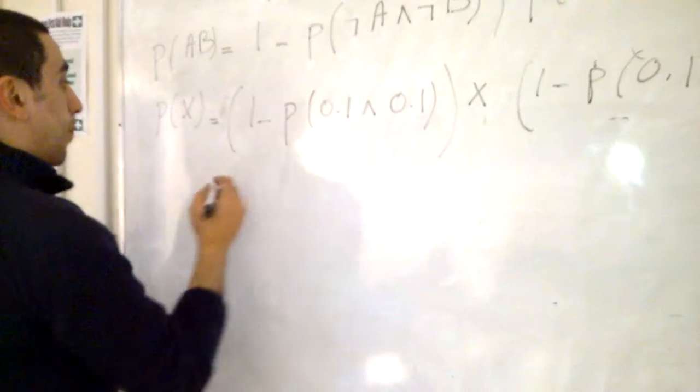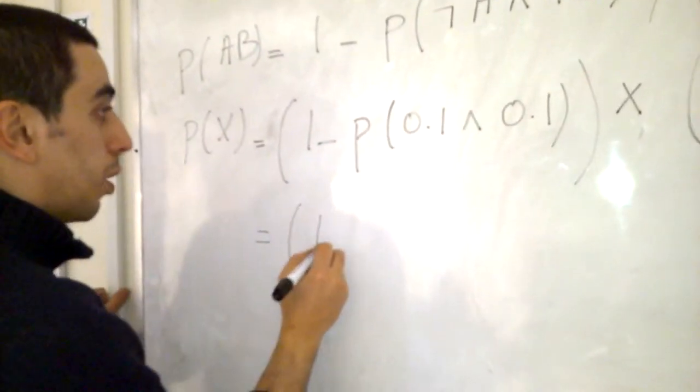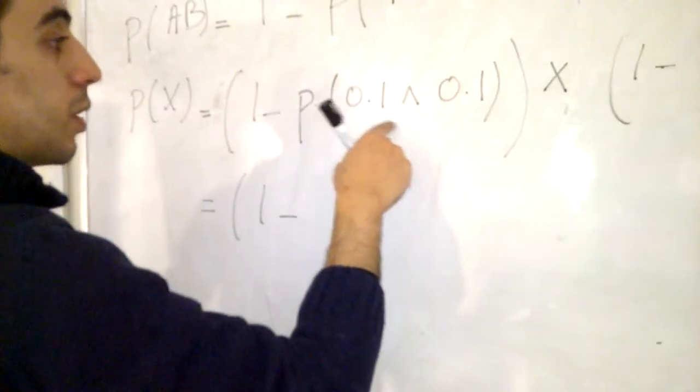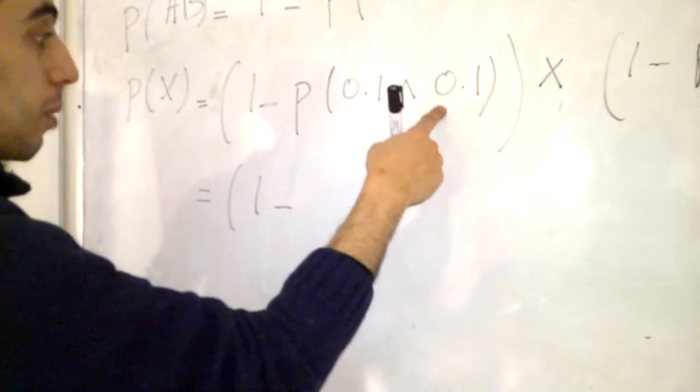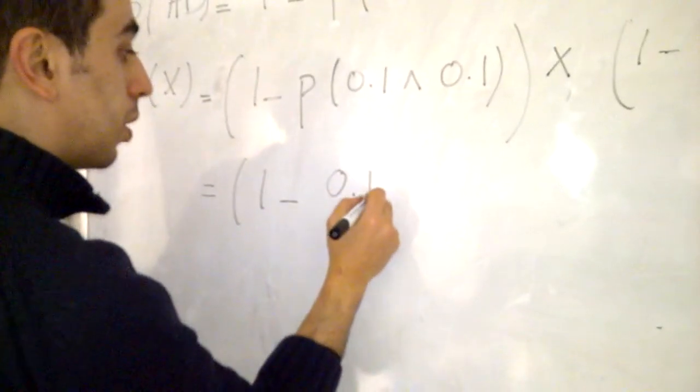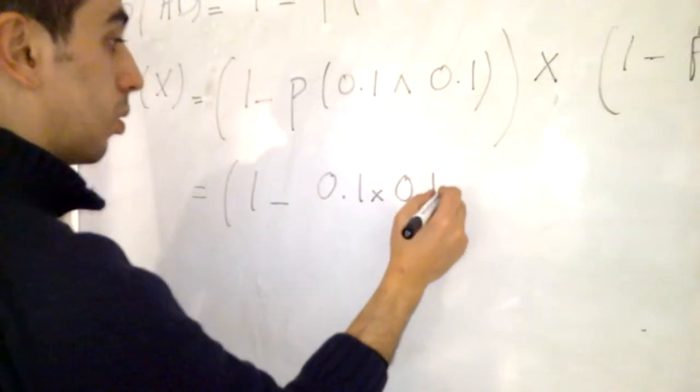So equal to 1 minus the probability of that and that, which is that times that, yeah? So 0.1 times 0.1.